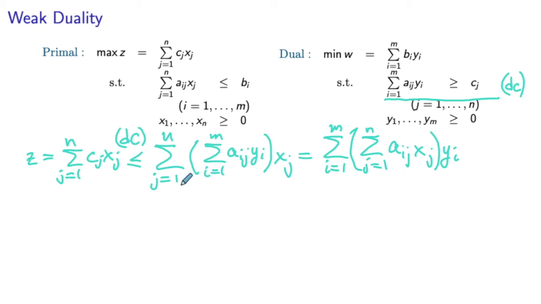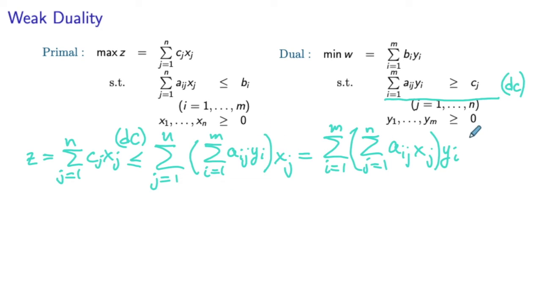So here the internal sum was over aij's yi's, and then we multiply the result by xj, and here the internal sum is the summation over all j's of aij's xj's, and then we multiply by yi and sum over all i's. But as a result, we will obtain the sum of all aij's xj's yi's both here and here.